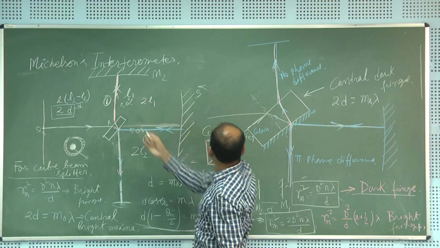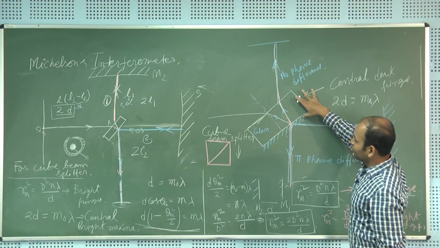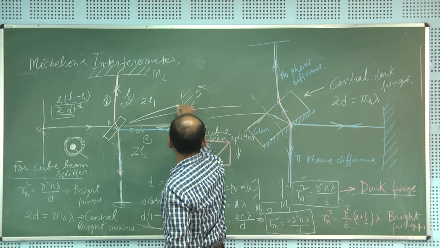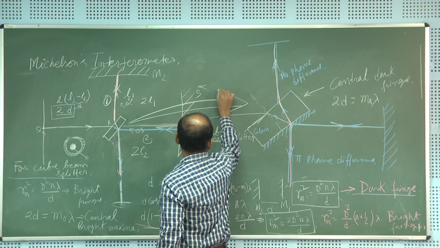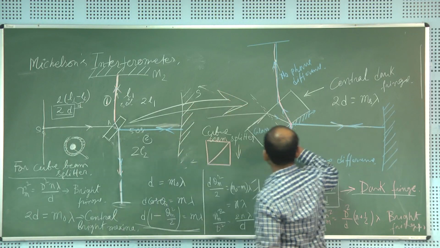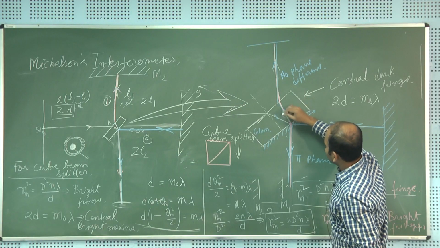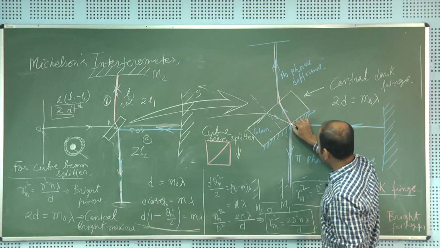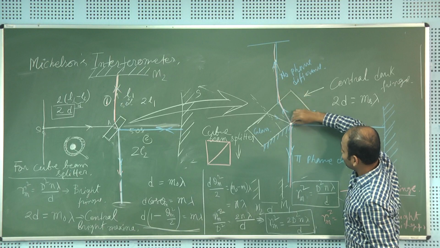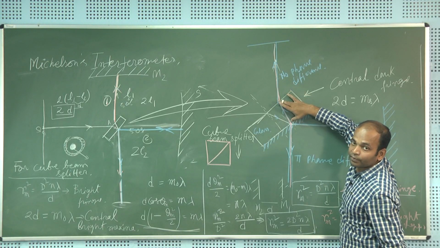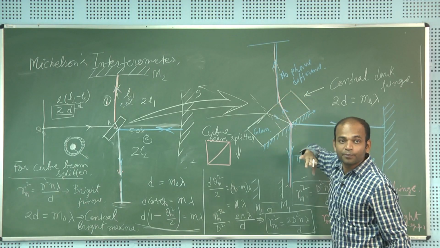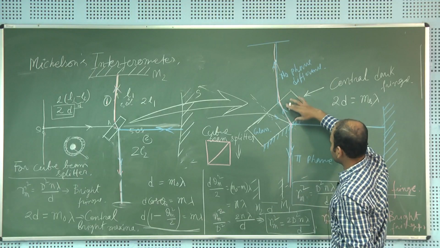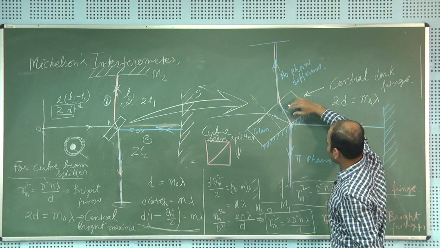So, let me look at the zoomed in view. We can see that the ray from this point is traveling an extra path here.